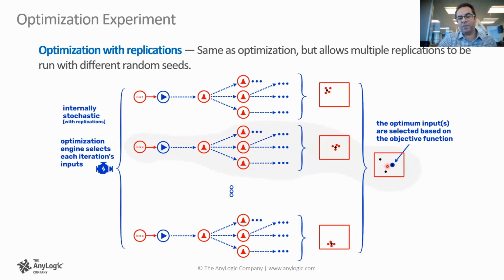And then when we wanted to compare and select the best based on the objective function, we are not looking into one of those runs. We look at the average of each iteration, which gives us a more stable kind of solution.